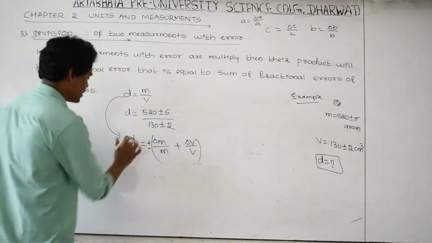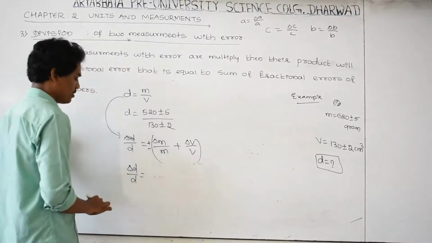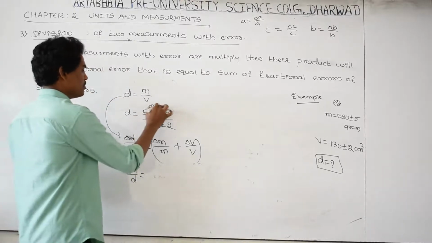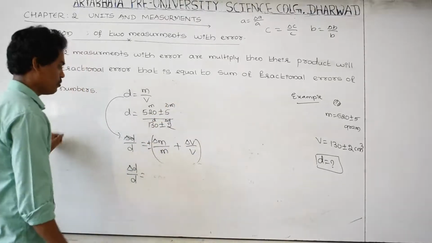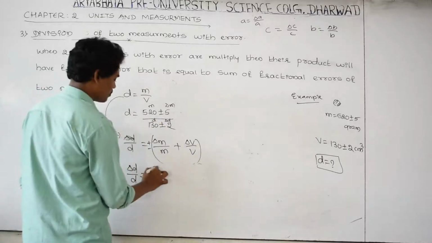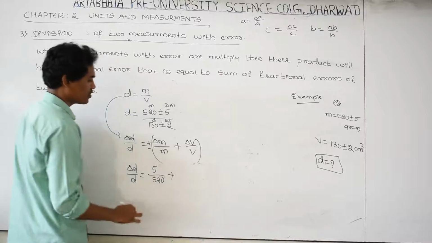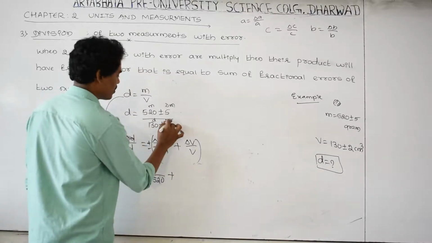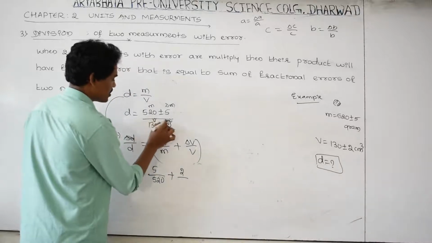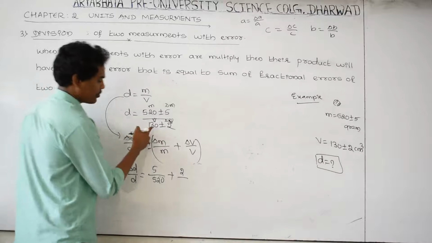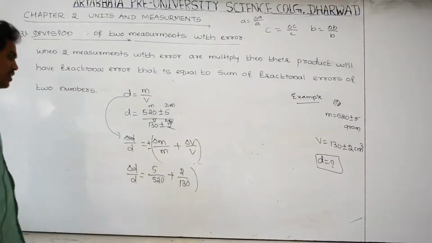Delta D by D is equal to, this is M, this is delta M, this is D, this is delta D. What is delta M? That is 5. What is M? That is 520. What is delta V? Delta V is 2. This is V, this is delta V. What is V? That is 130.